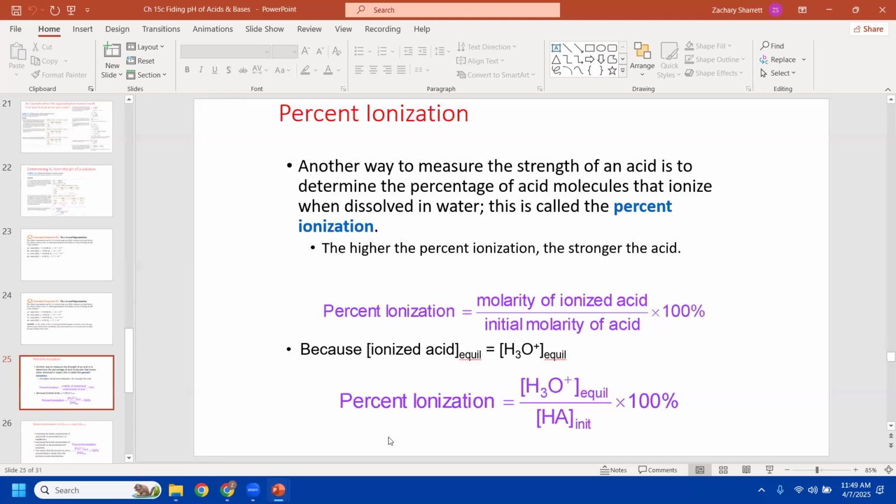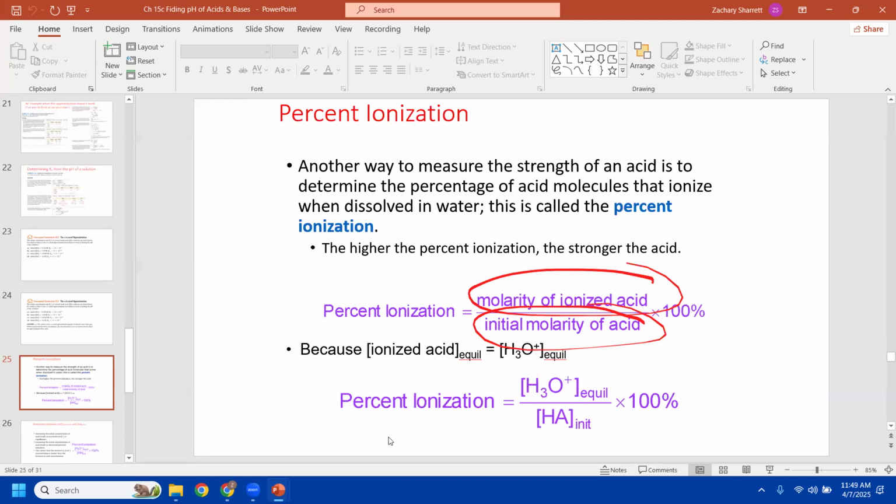Now there's something called percent ionization. It's basically if you calculate the amount of H plus that is ionized over the initial concentration and you multiply it by 100%, then you know. So like if we're in this class, let's say we had 100 people exactly, right? If 50 of the 100 people ionize, we'd say 50 out of 100 is 0.5 times 100. We would get 50% of the class is ionized.